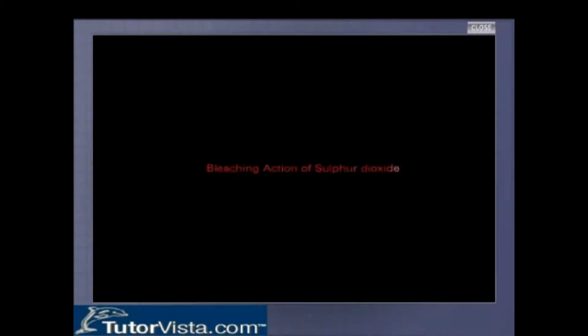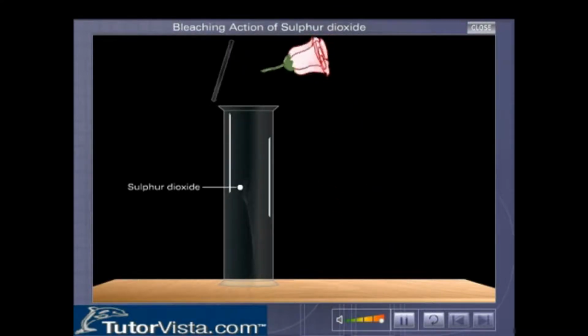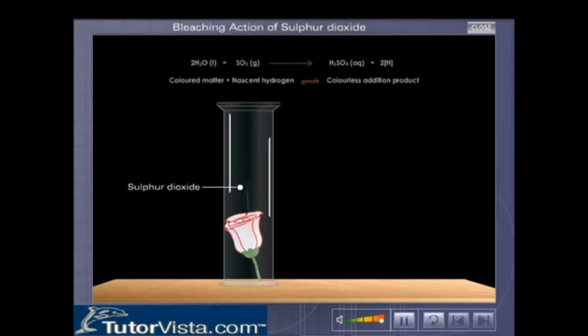Bleaching action of sulfur dioxide. Sulfur dioxide acts as a bleaching agent and bleaches vegetable coloring matter in the presence of moisture. You can observe here how a moist flower loses its color. The bleaching action of sulfur dioxide is due to its reducing action.